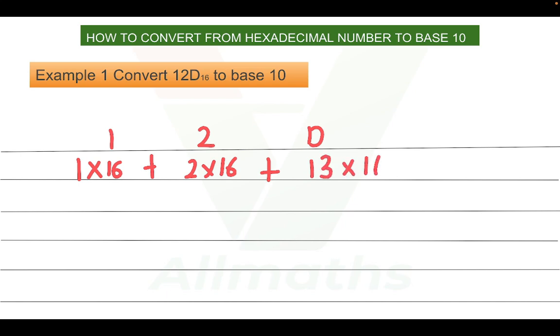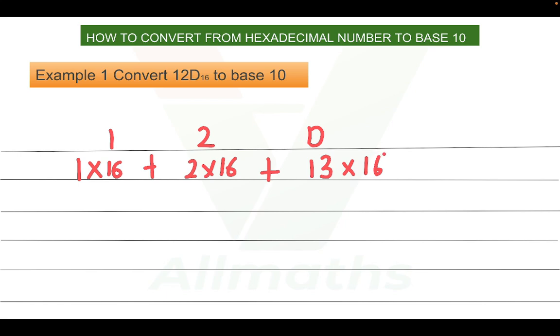Multiply by 16, and not just the base, but the base raised to the power of the position. I've explained that in some other videos where I treated how to convert from any given base to base 10. For this video, I'm just emphasizing hexadecimal or any base that is greater than 10. This also works perfectly there.